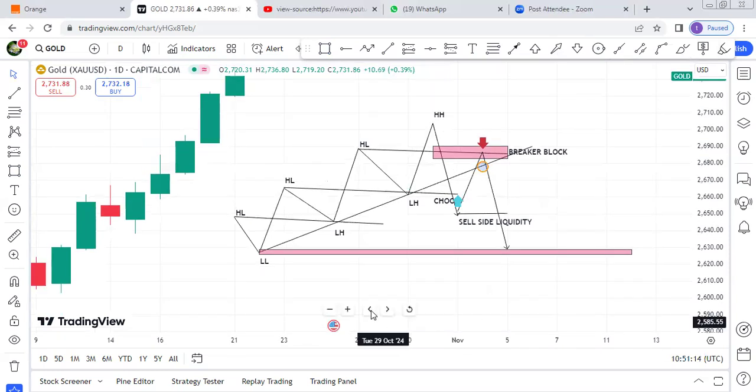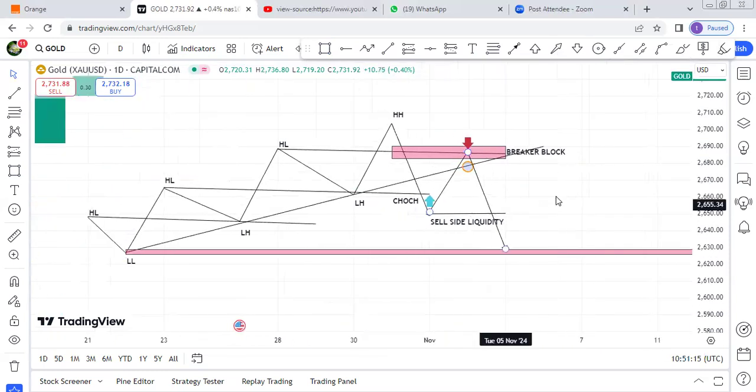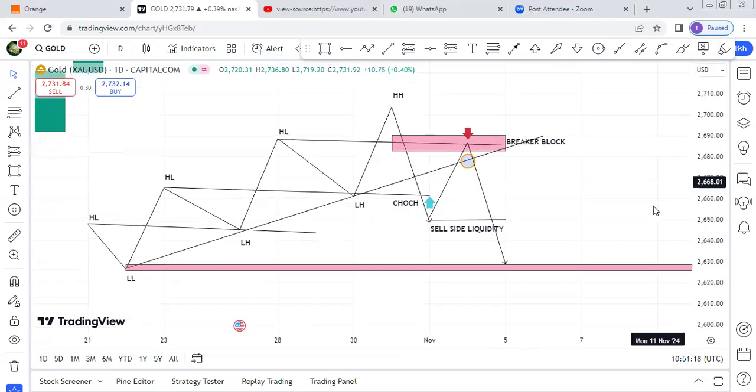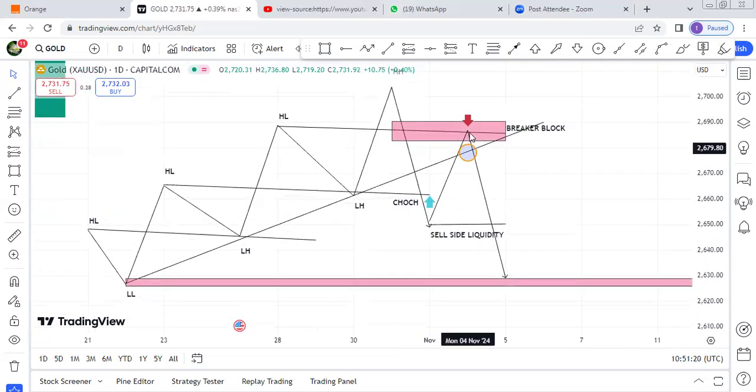Now, let us look at the structure and you can tell what you see. On the structure, you see there, we have a high that has been created, and we have this breaker that has been created right here. It is clear that in most cases, the market always looks at the points of interest.